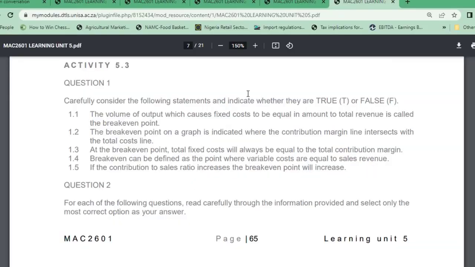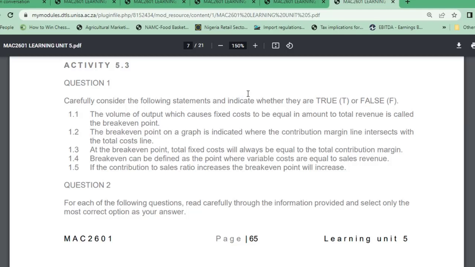So question 1. Consider the following statements and indicate whether they are true or false. I need your participation here. The volume of output which causes fixed cost to be equal in amount to total revenue is called break-even point.